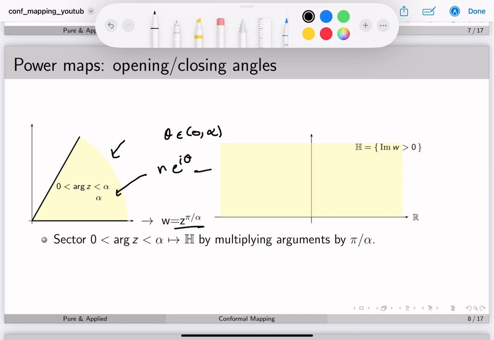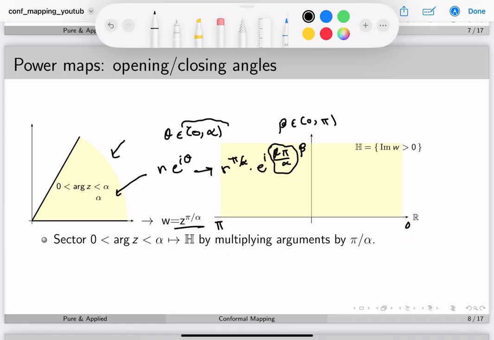And hence when I map it, it's going to become r to the pi over alpha times e to the i theta pi over alpha. If I multiply by pi over alpha, this interval is going to become, if I call this now beta, then beta is going to be between 0 and pi, right? So the idea is to get rid of the alpha and replace it by pi, to be able to map to the domain that is squeezed between argument 0 and argument pi. So this is one way of thinking about it.